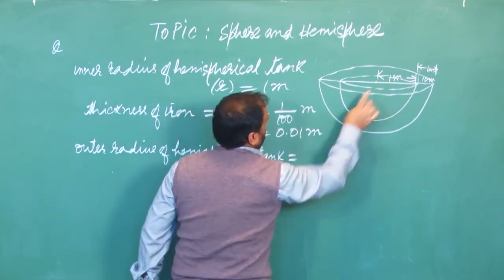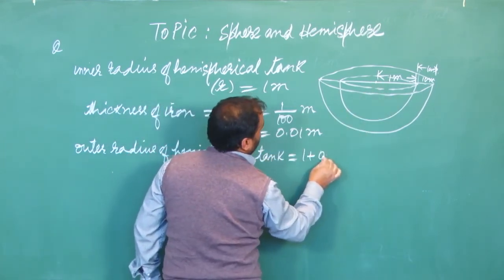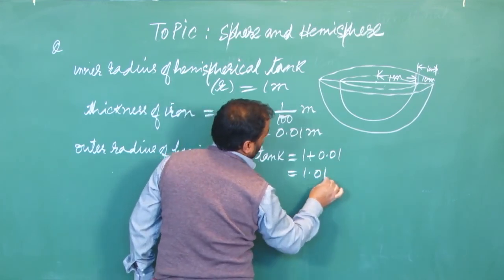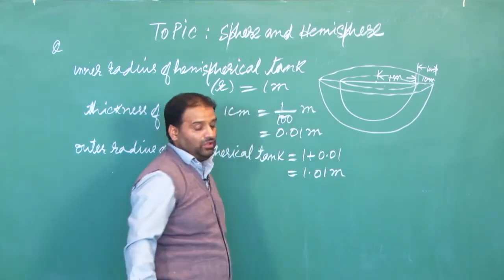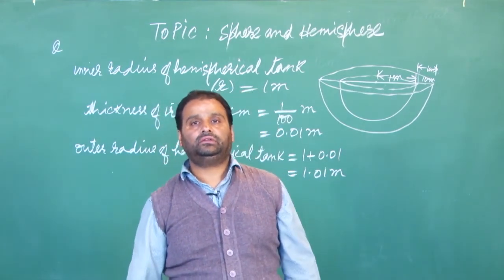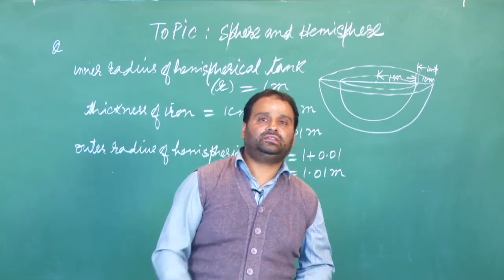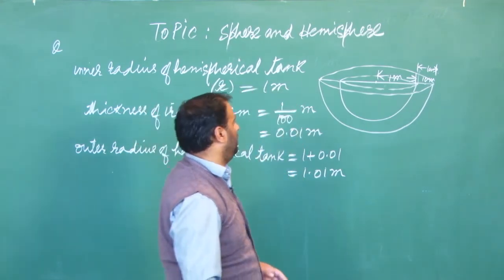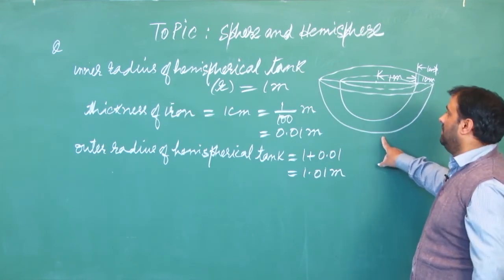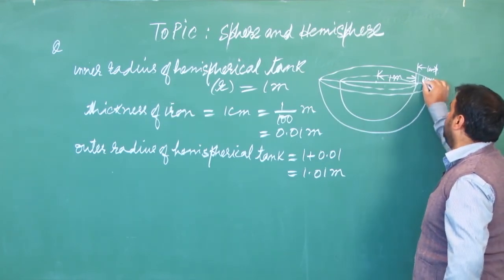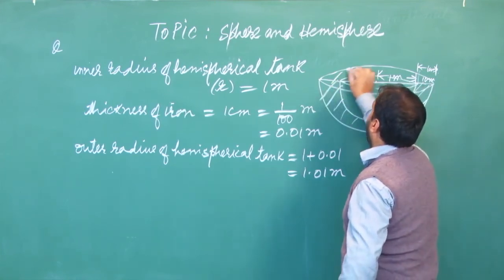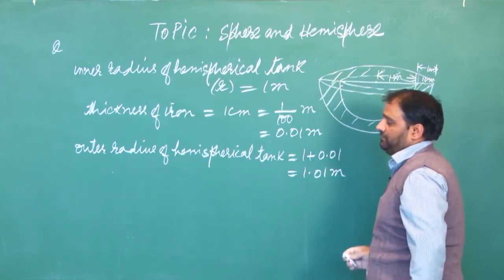The inner radius is 1 meter, so the outer radius is to be written as 1.01 meters. To find the volume of the iron used in making that tank, the volume of iron used is the difference between the volume of the outer hemisphere and the volume of the inner hemisphere.